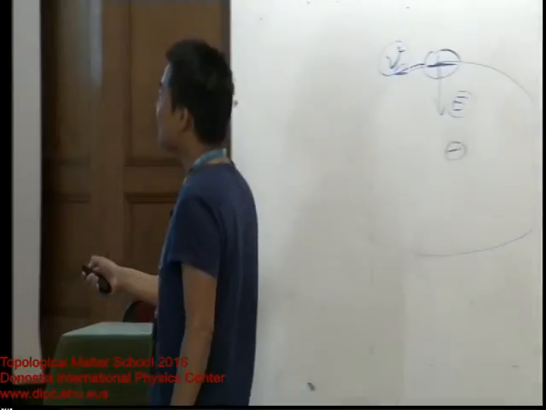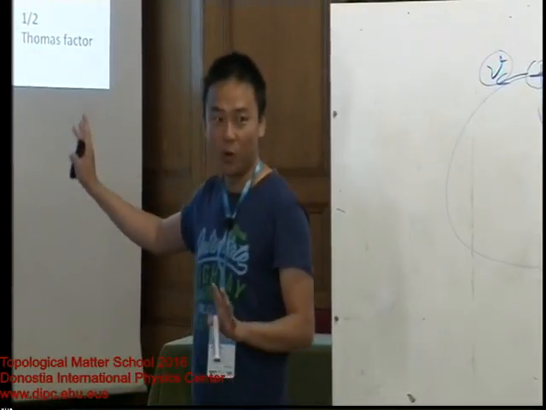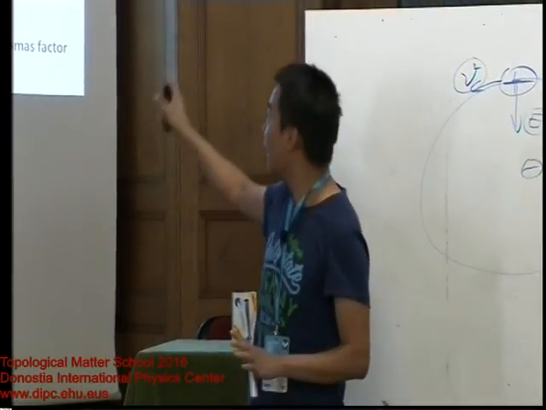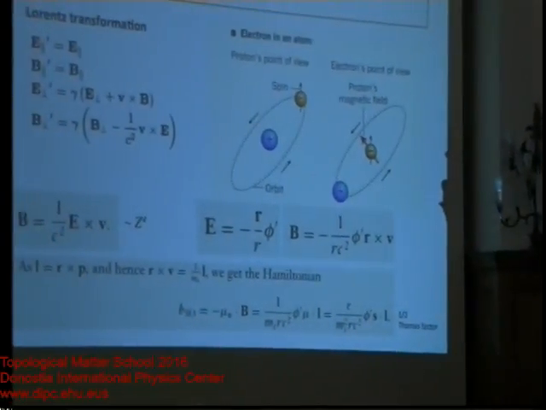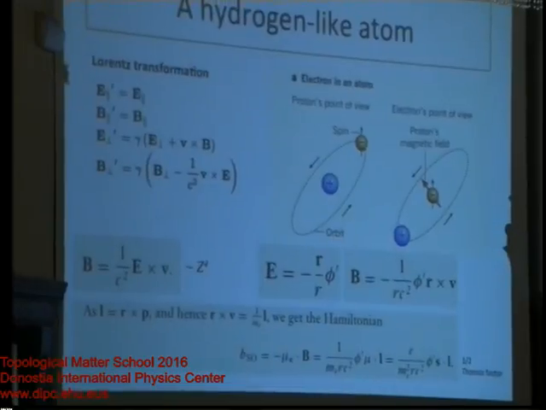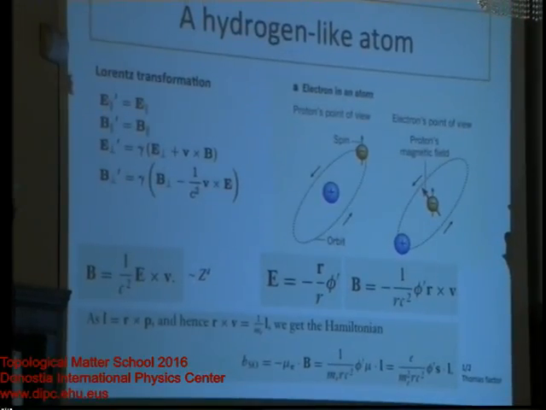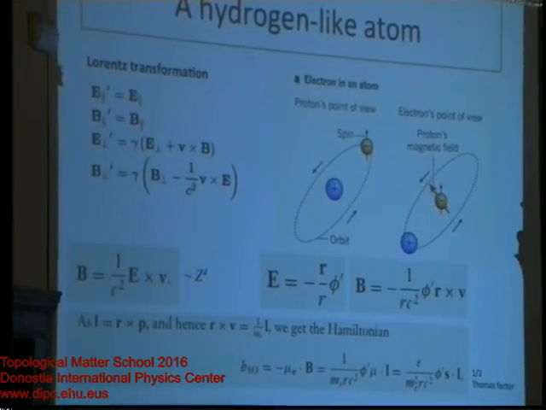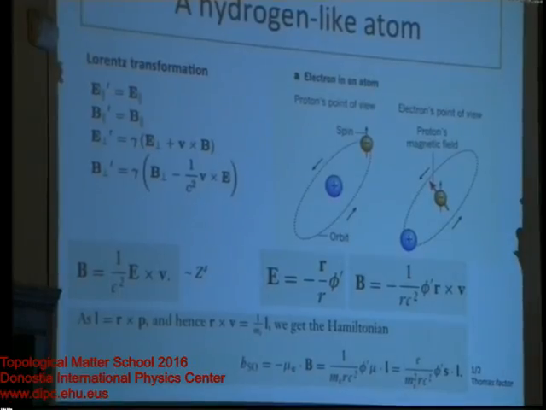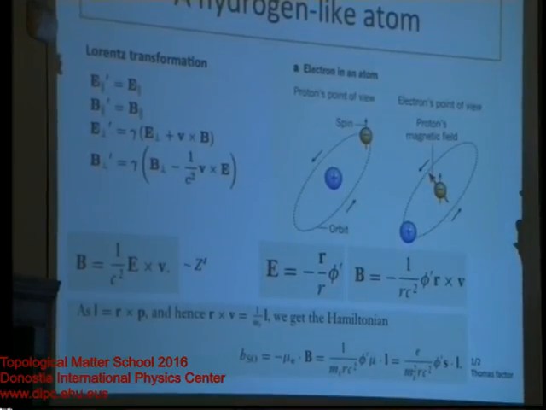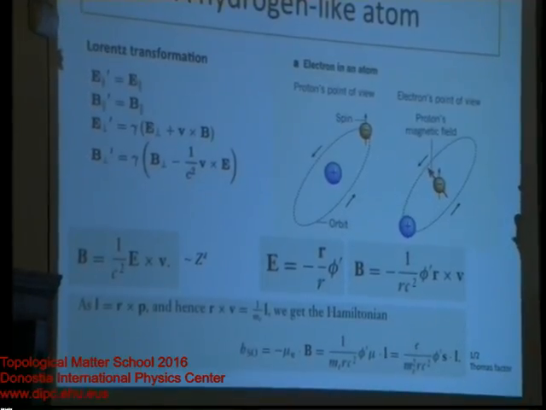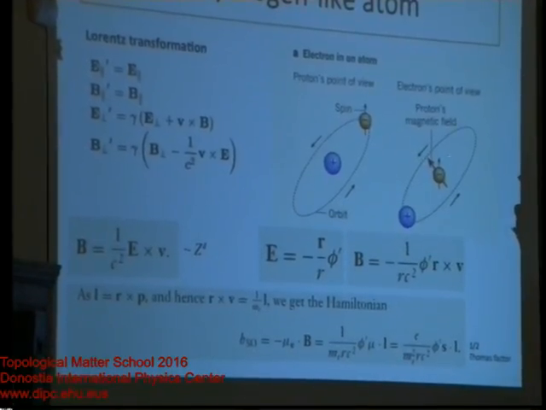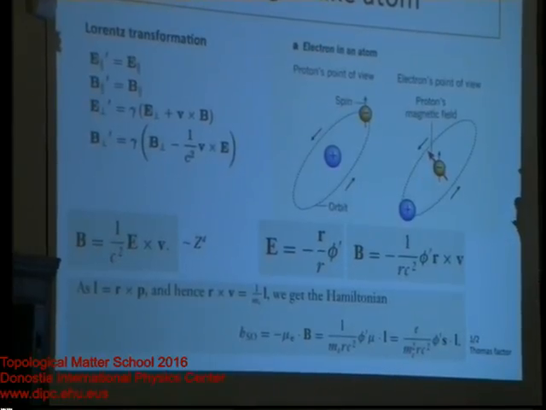There's nothing more, we just change the system. This is a new coordinate system, and this system has a velocity. Then we get an additional magnetic field. We simply see that in one coordinate system we don't have a magnetic field, but when it's moving, it generates an effective magnetic field. This magnetic field will just act on the electron.